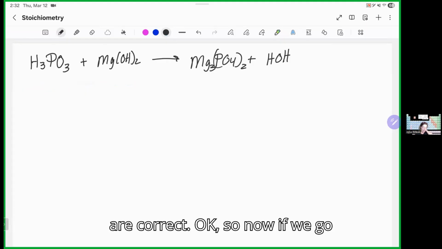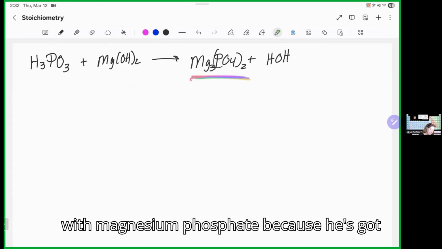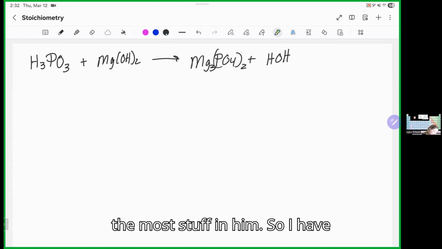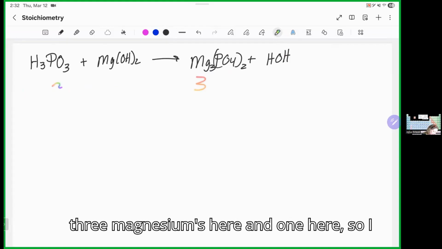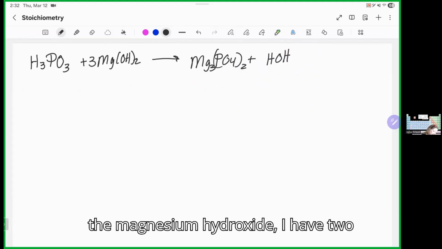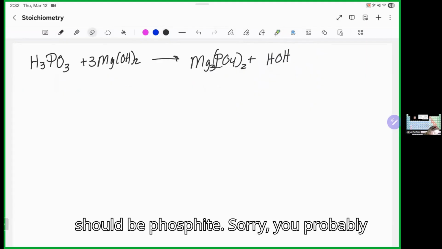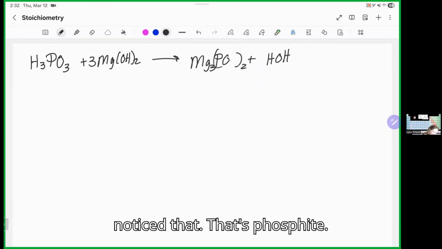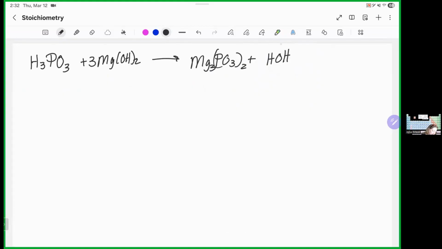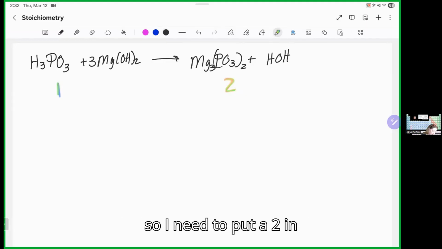Okay, so now if we go to balance this thing, I'm going to start with magnesium phosphate because he's got the most stuff in him. So I have 3 magnesiums here and 1 here. So I will put a 3 in front of the magnesium hydroxide. I have 2 phosphates here and 1, oh, that should be phosphite. Sorry, you probably noticed that. That's a phosphite. Okay, I have 2 here and 1 here.